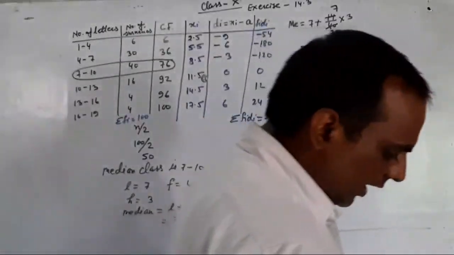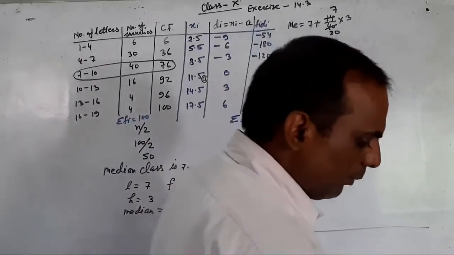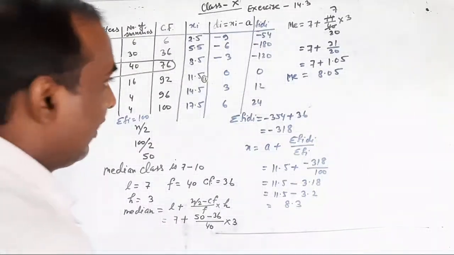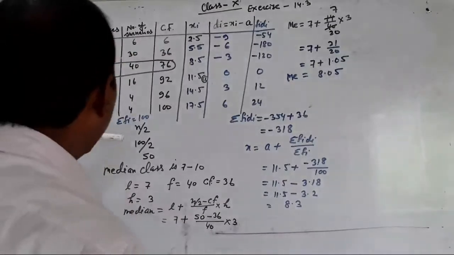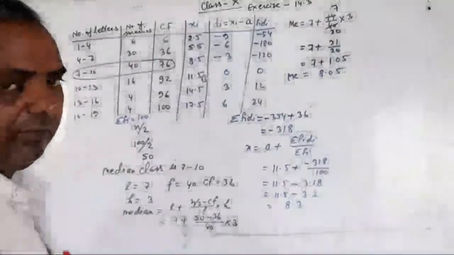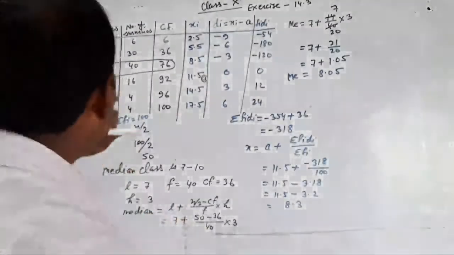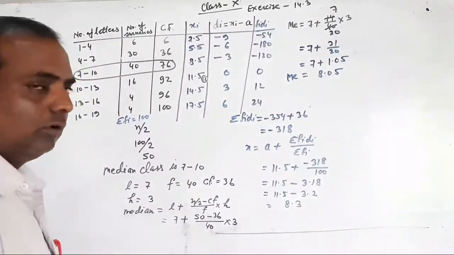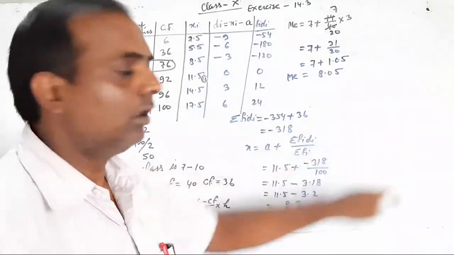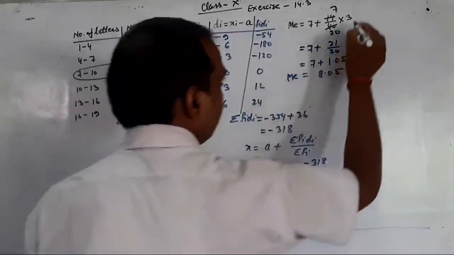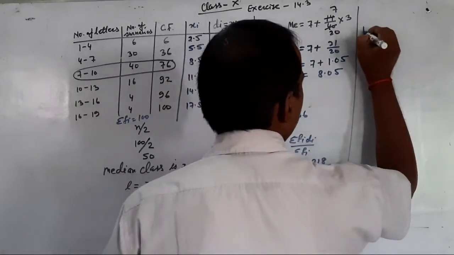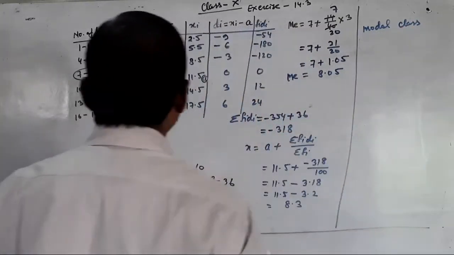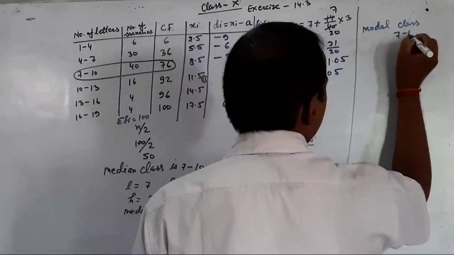So again we have to calculate the modal surname. To find the modal surname, we know that maximum frequency here is 40. So the modal class will also be 7 to 10.